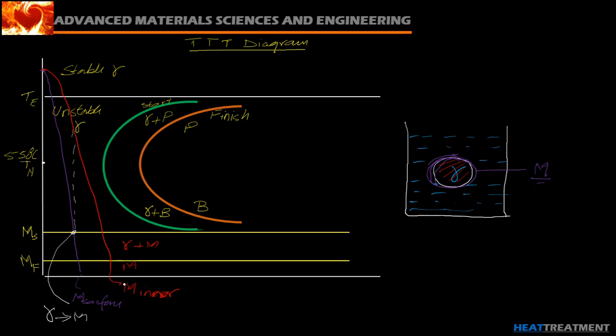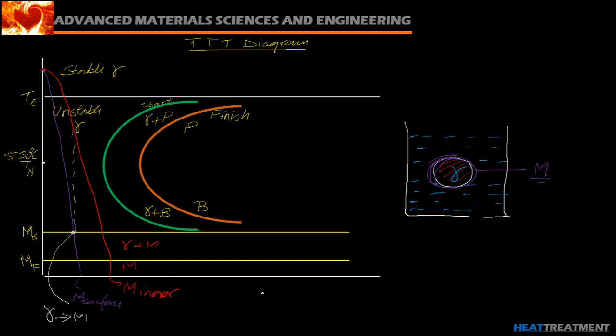Now we see once the surface cooling curve reaches the martensite start temperature, at that temperature the inside is still warm. This means that the surface has transformed to martensite but inside is still austenite. Gradually, once the cooling continues, the inside will also transform to martensite.